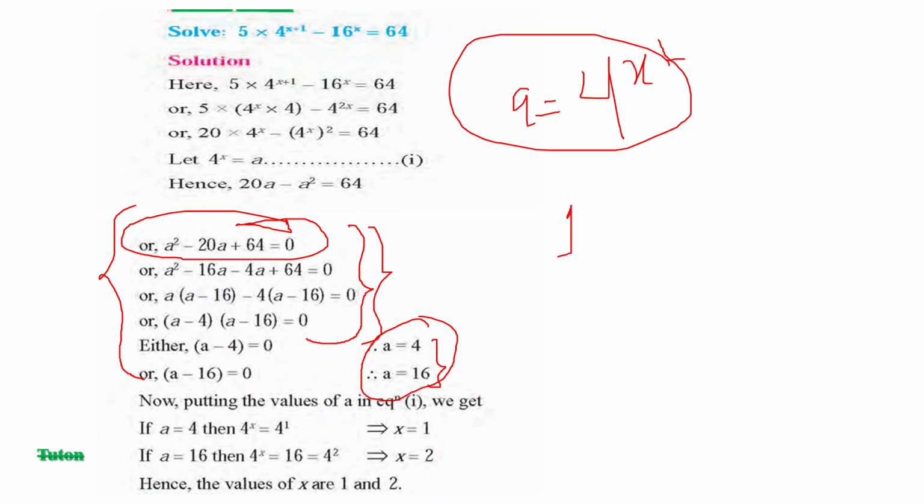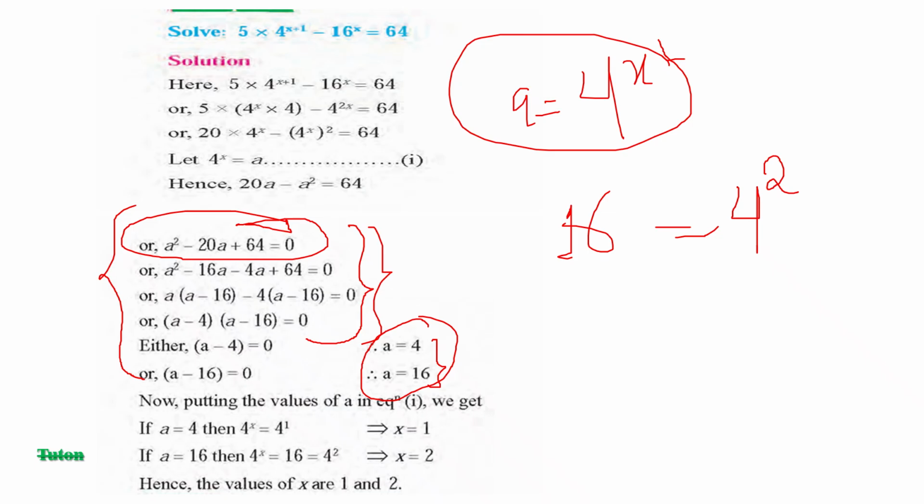Now we have got the value for a as 16. 16 can also be written with a base of 4, and the exponent would be 2. And similarly we put the value for a as 4 to the power x.